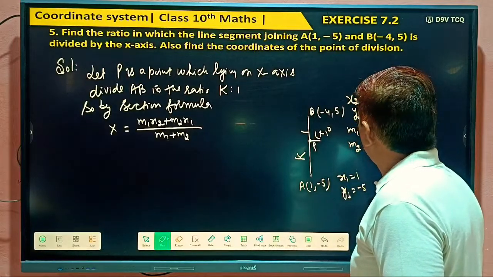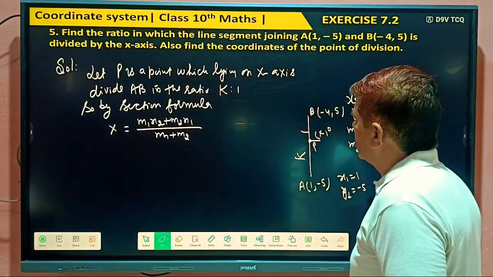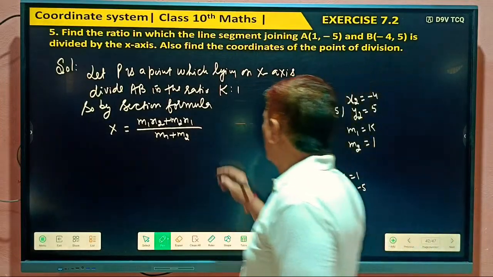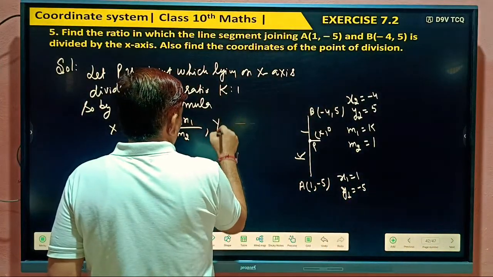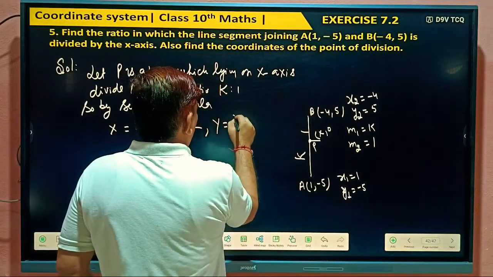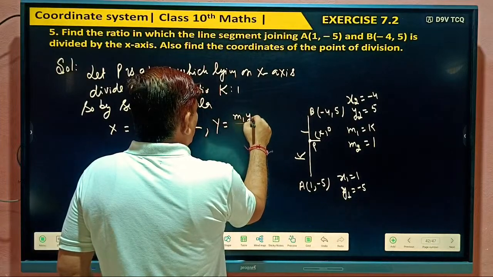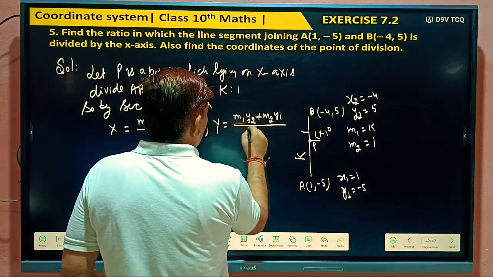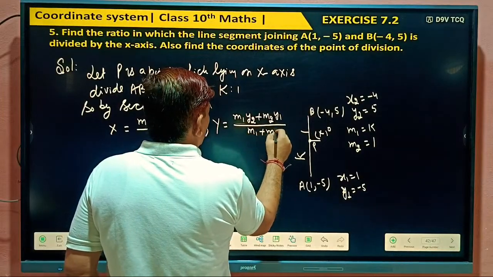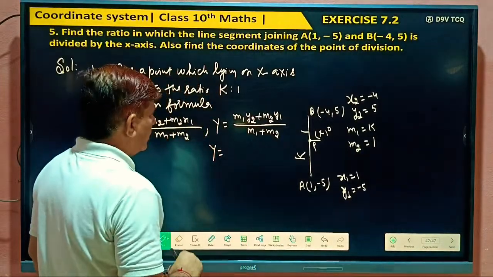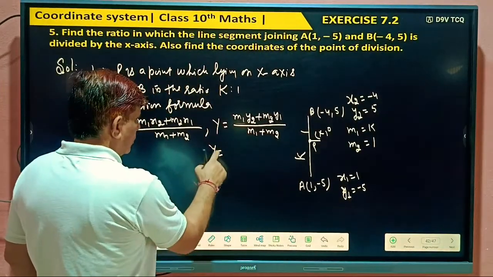Understood or not? And what is y here? y equal to (m1 y2 plus m2 y1) by (m1 plus m2). So y you can find out. Y is what here? Y is 0.